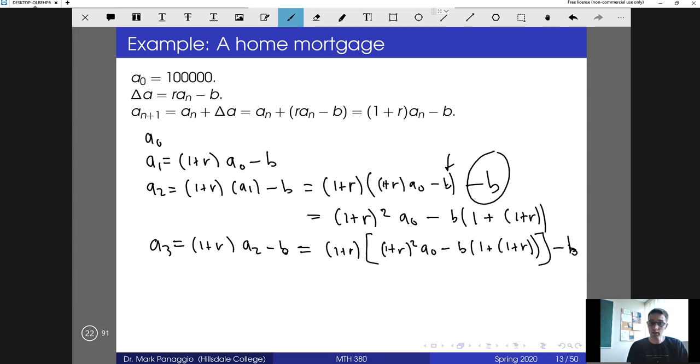And again, like the previous one, I'm going to group together the terms with a0s and the terms that don't have a0s, and so it looks like a0 has an extra factor of 1 plus r now, so it's (1 plus r) cubed.